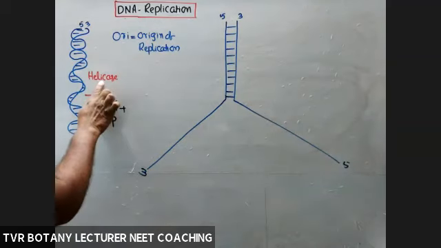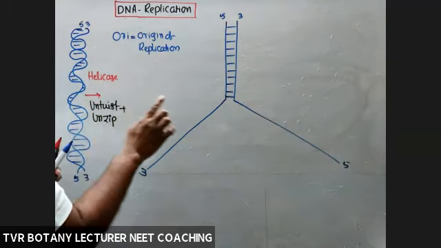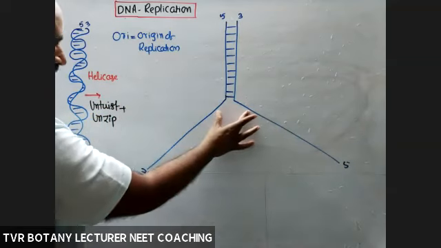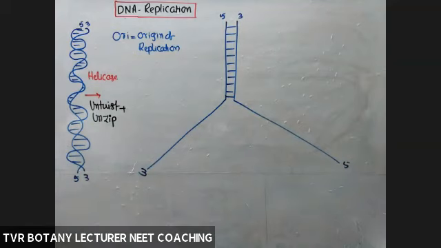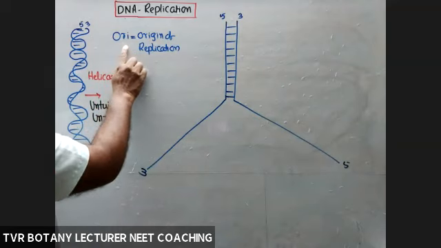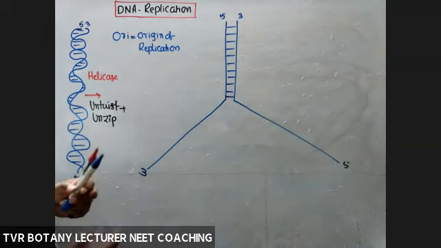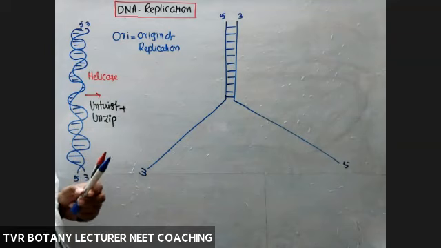So helicase is able to open or unzip DNA strands in the area where that sequence is present. ORI is the place where replication begins. Remember that. We will see the application of ORI after completion of DNA replication.